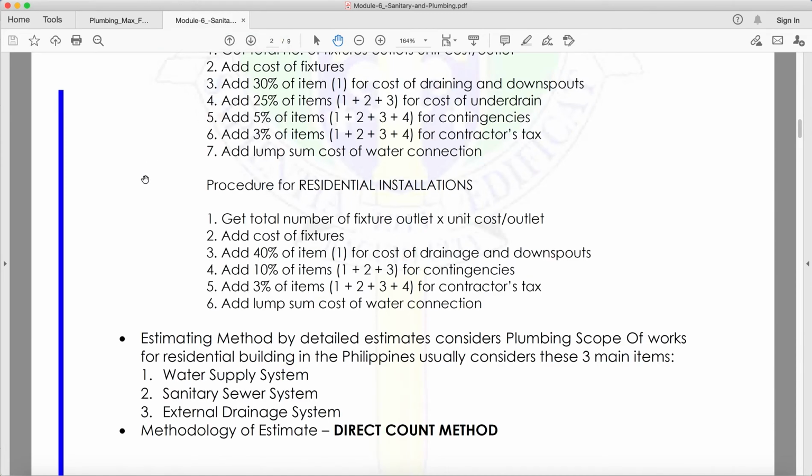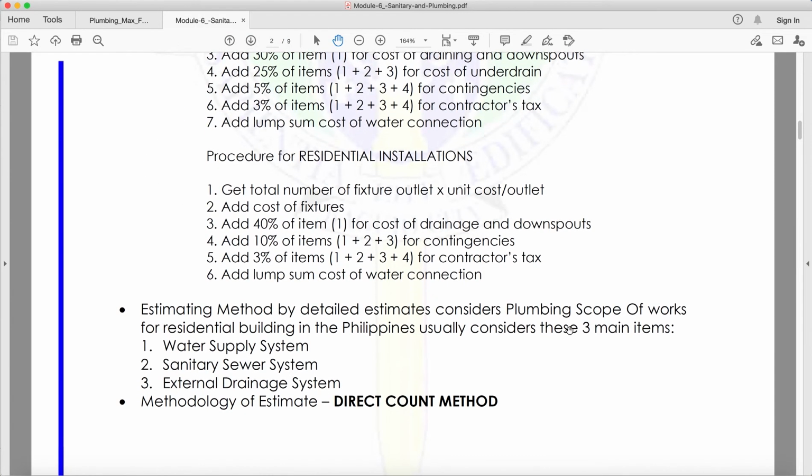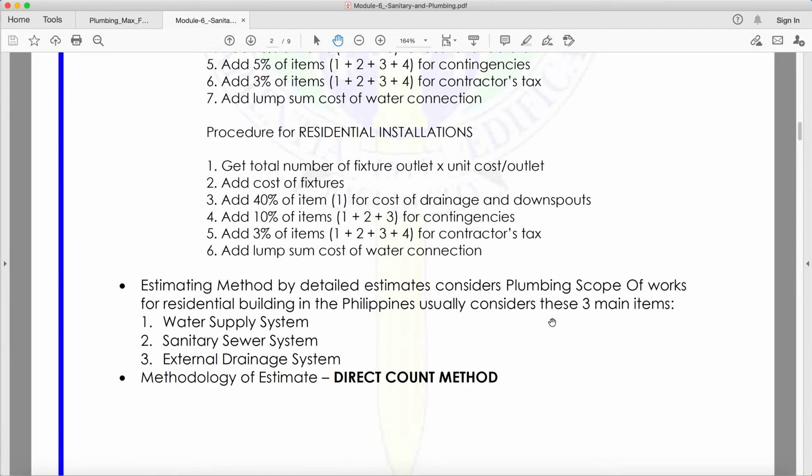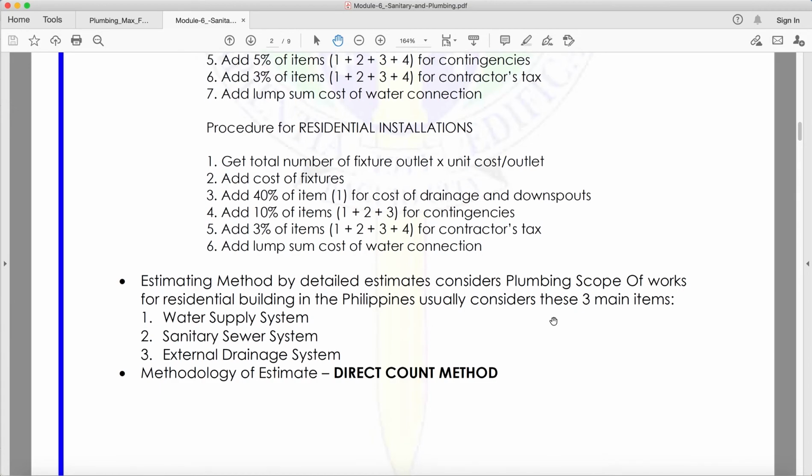What are the three main things that we consider for plumbing? We have the water supply system, the sanitary sewer system, and the external drainage system.